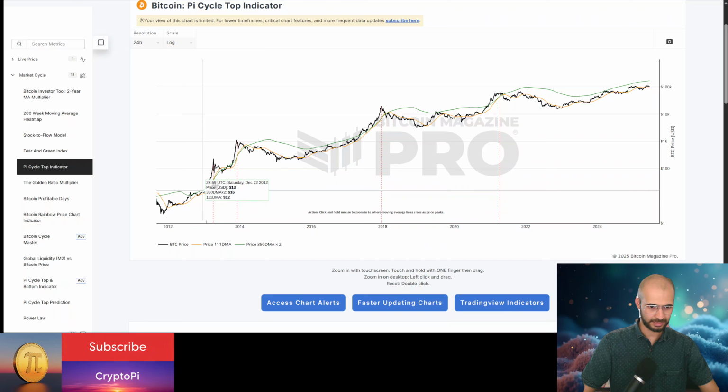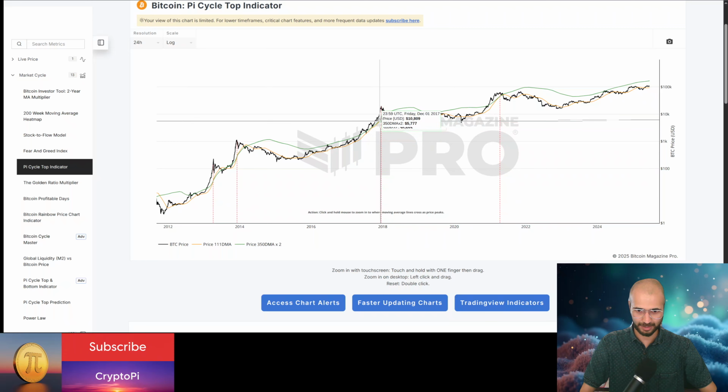If we keep this as an exceptional case for Bitcoin, the early years, we see that there were 2 tops which were identified by the Pi cycle indicator. In 2018, the same thing happened. Whenever the orange crossed above the green, we identified the top of Bitcoin in the Pi cycle indicator.